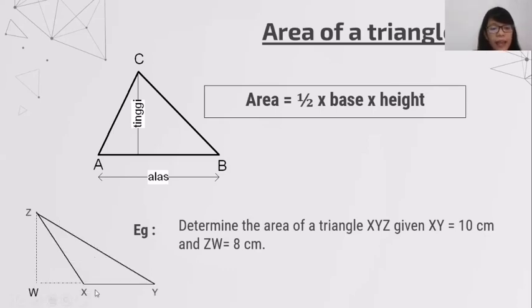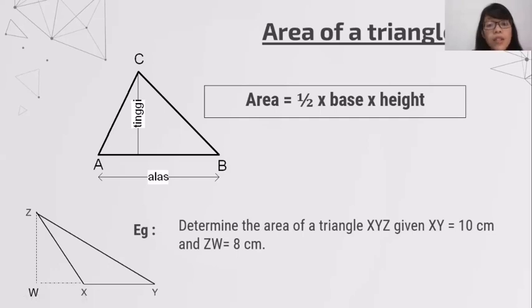Example given, this triangle XYZ. And by the way, what kind of triangle is this one? Yeah, this is a scalene triangle. Determine the area of triangle XYZ. It's given XY equals 10 centimeter, and ZW is 8 centimeter.